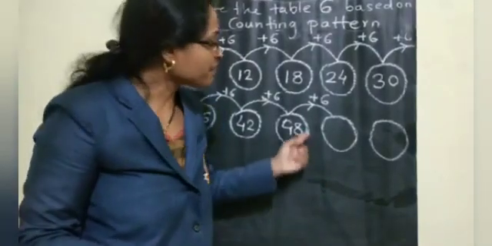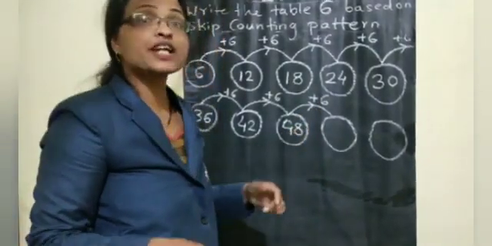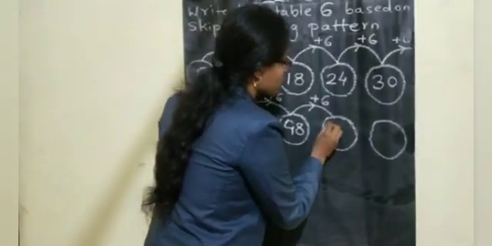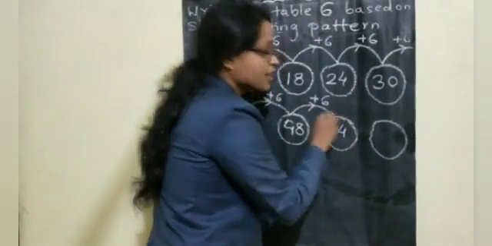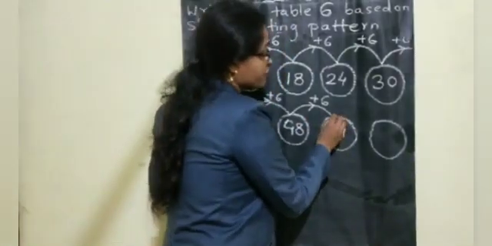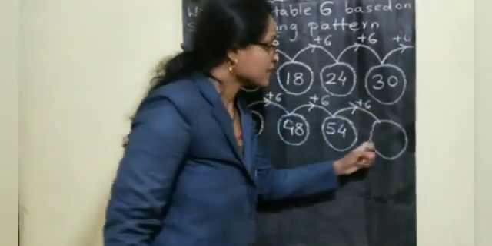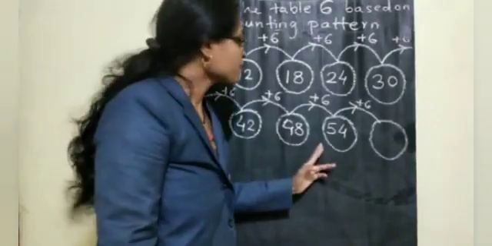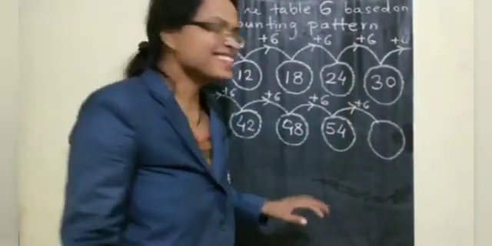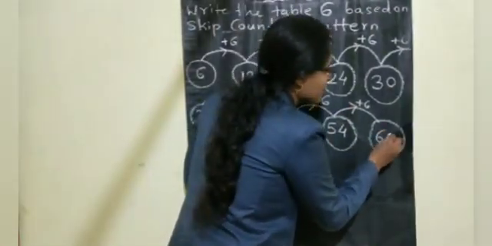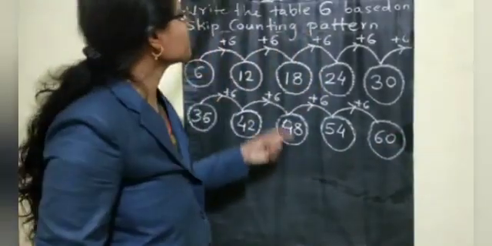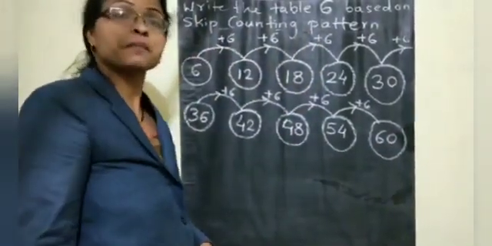How much answer are you getting after adding 6 to 48? 54. Now for this 54, again you add plus 6 to get your next number. So 54 plus 6 how much? 60. So here we complete our table 6 with the skip counting pattern.